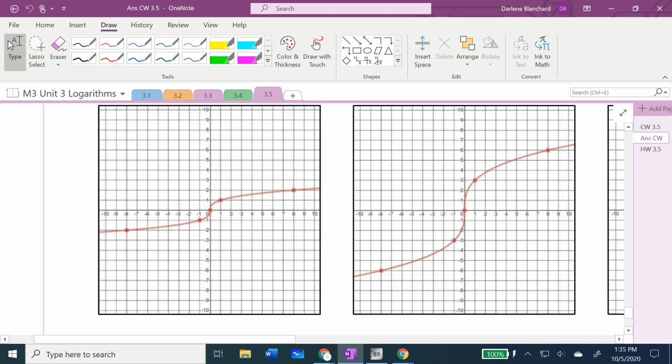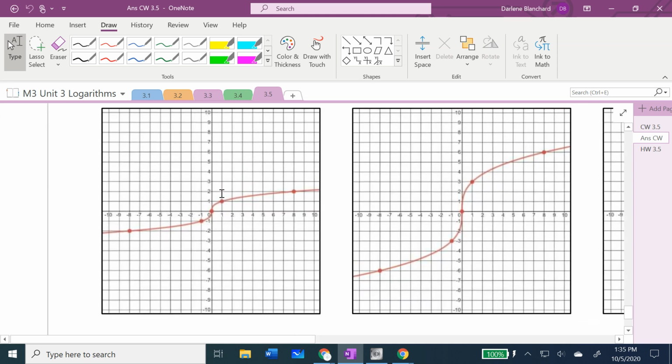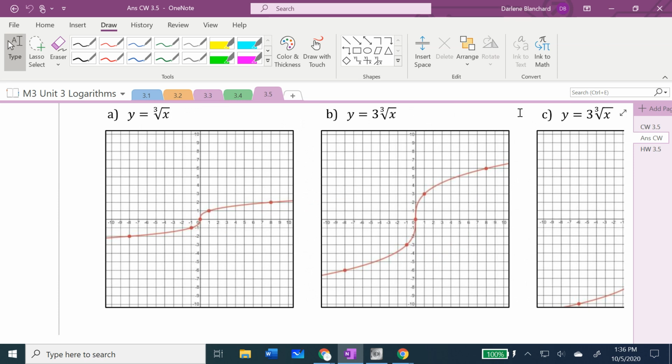I expect as a minimum, though, that you plot this inner trio. The next graph, you're multiplying by 3, so that's vertically stretching. And you can see the x-coordinates, 1 and -1, just have their y-coordinates multiplied by 3. And also at 8 and -8, the y coordinates of 2, -2 were multiplied by 3 to get 6 and -6.